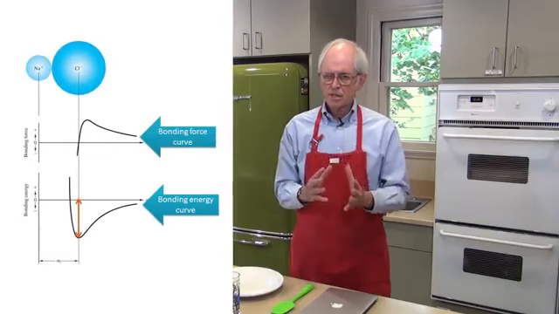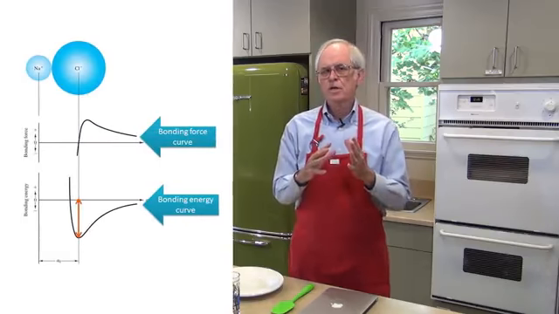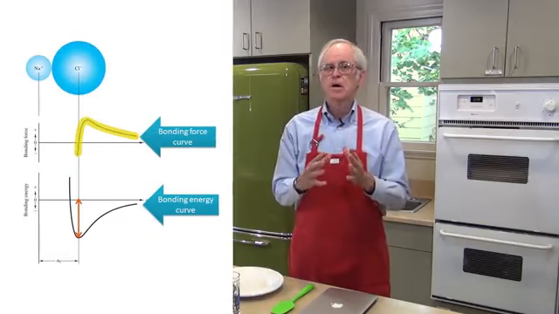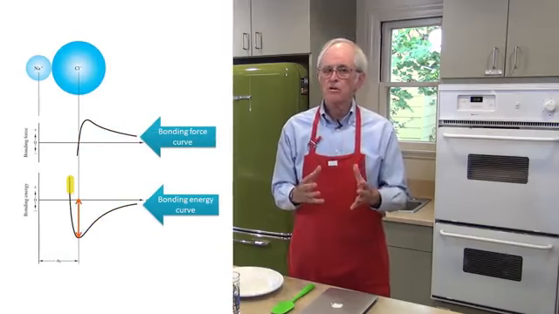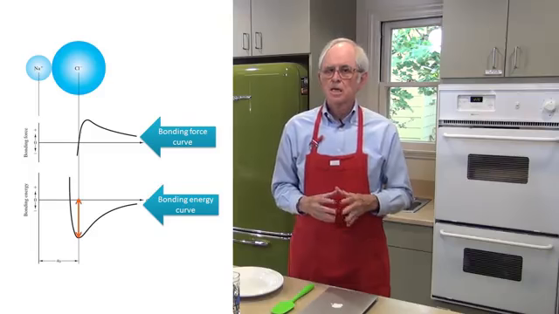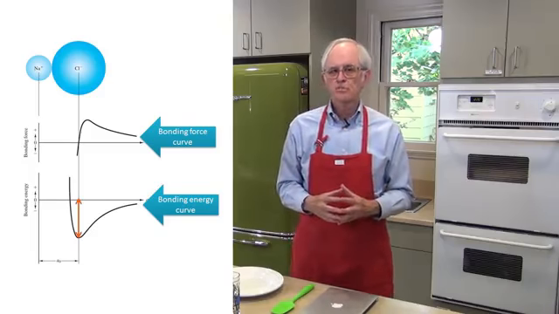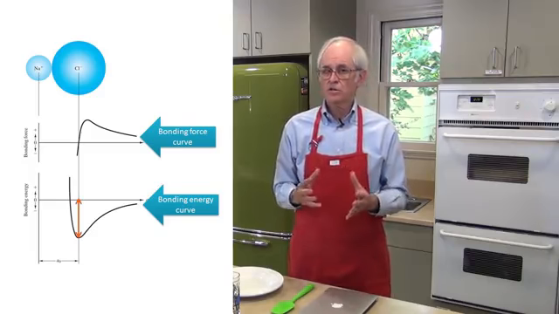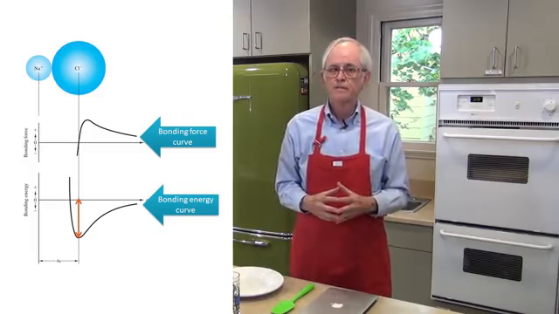So we're now going to look at a short, detailed lecture in which I discuss how the bonding curves, both the bonding force and bonding energy curves that we recall from freshman chemistry, lead us to an understanding of one of the most important of the mechanical properties of engineering materials.